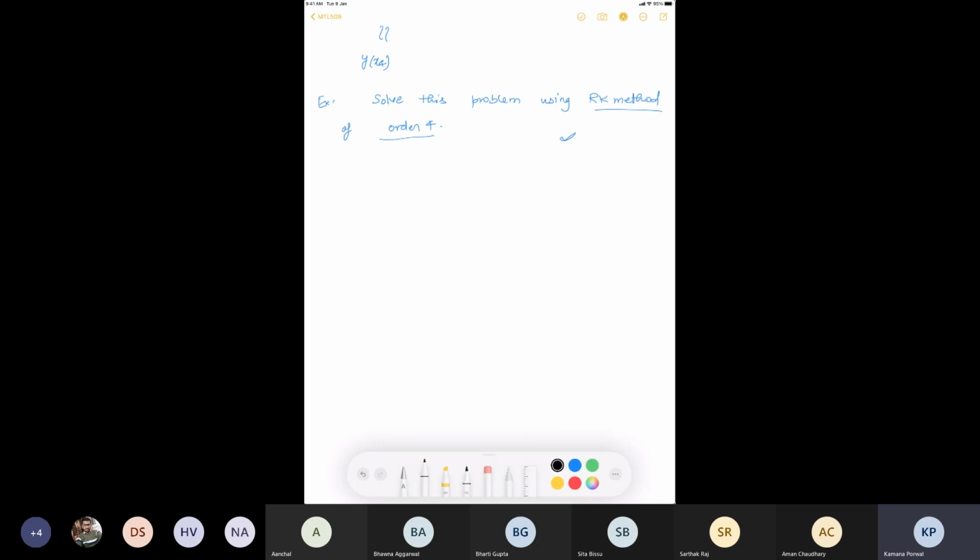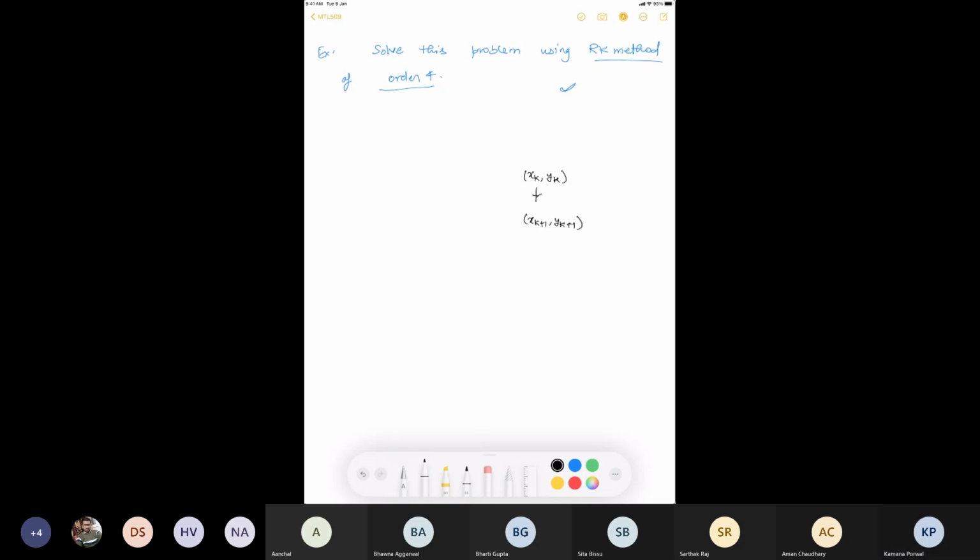All right, so what we have done, let's quickly give a review on that. Whatever methods we have discussed so far, we have computed the information at the level xk, that is, we had the yk, and then we used that to compute the information at the level xk plus 1, that is, we computed yk plus 1 using the information at the one previous level, right?